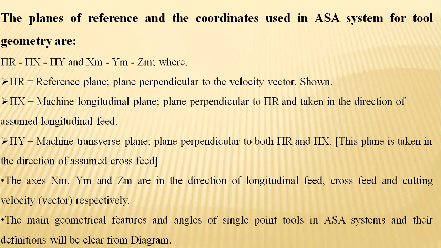So longitudinal in the X reference is nothing but the Y from the top view representations. It is a universal factor. And Y relates to the feed rate, with depth of cut in the Y direction. These three axes specify the longitudinal feed, cross feed, and the cutting velocity.